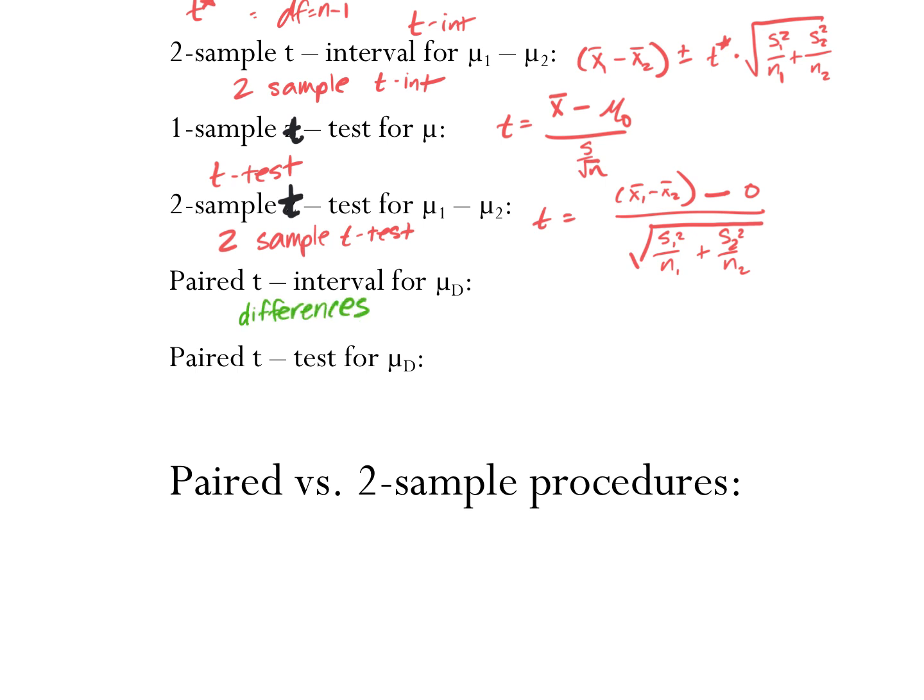When we have paired data, there's going to be the ability to do individual comparisons. Think about a twin study or a before and after study. If I'm looking at something before and then after, for each individual I would do after minus before or vice versa. And so for each individual, I would have a difference. This d bar is the mean of the differences, okay?